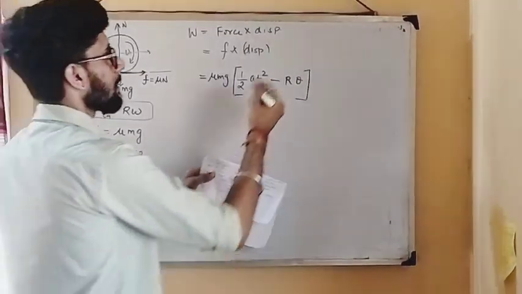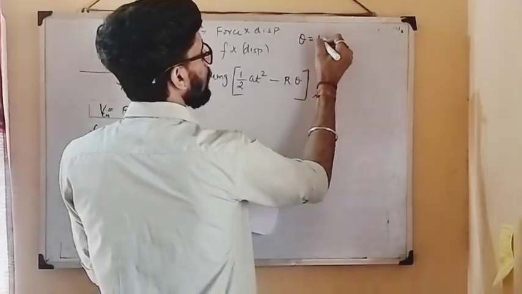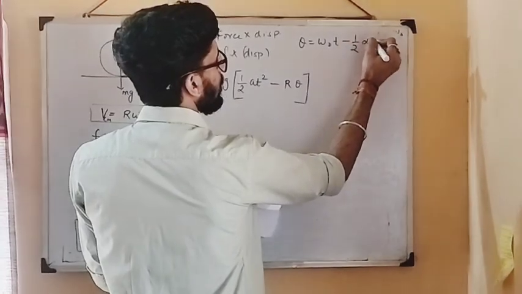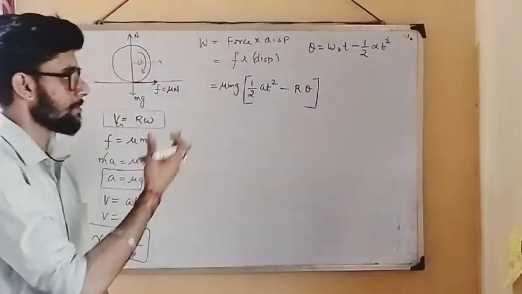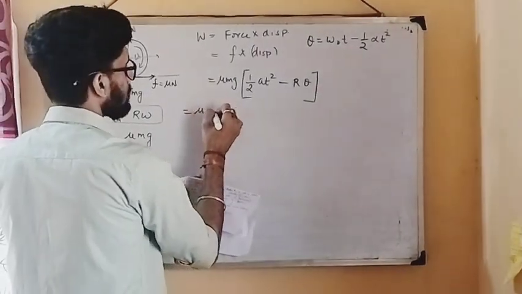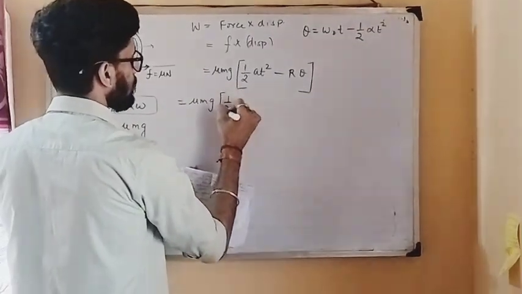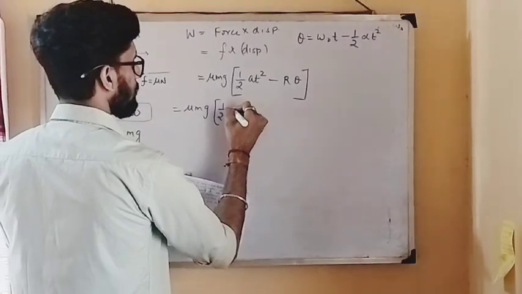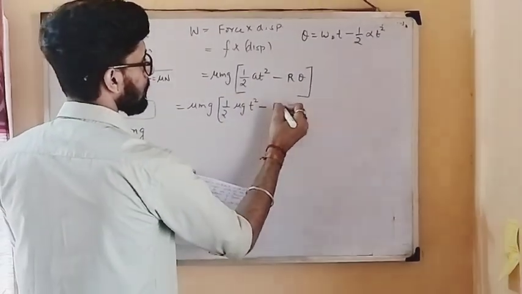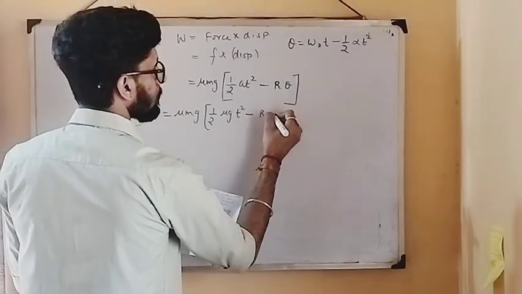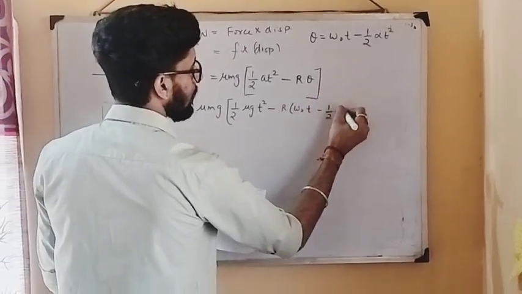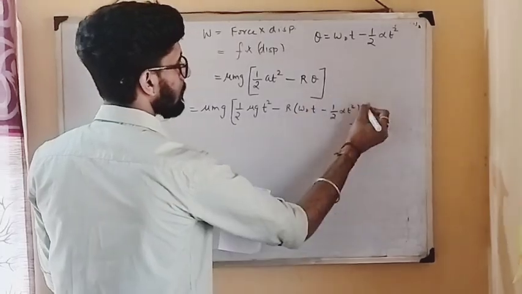Now for calculating theta, we have to use omega naught t minus half alpha t square. We have to put it over here, and that will be mu mg half mu g t square minus r into omega naught t minus half alpha t square.